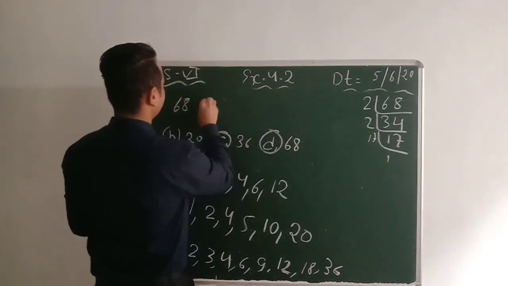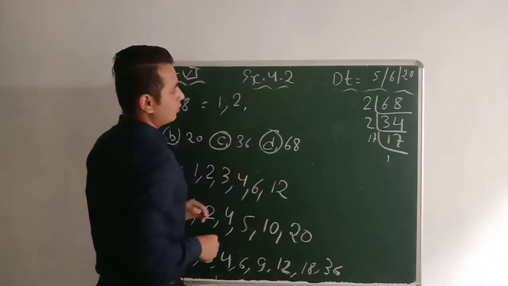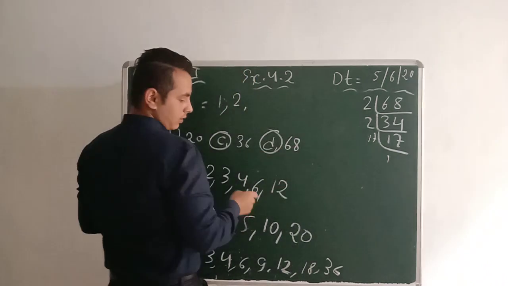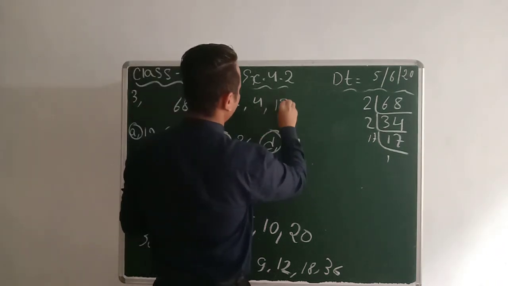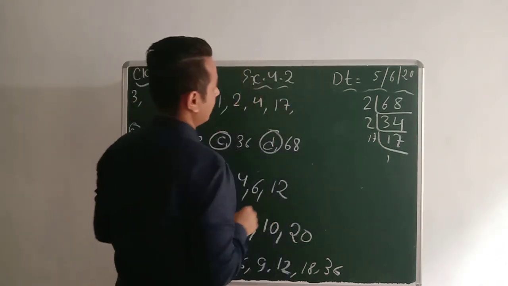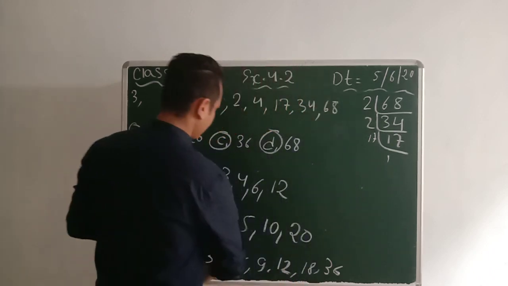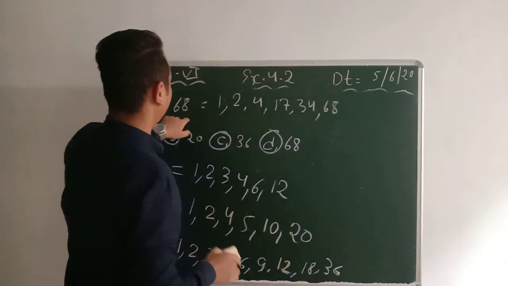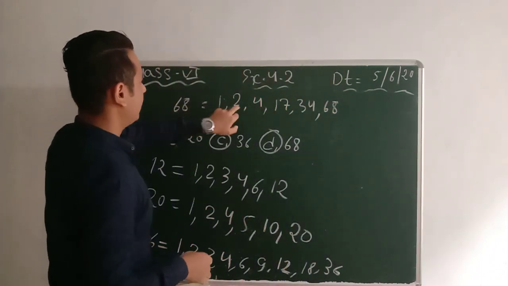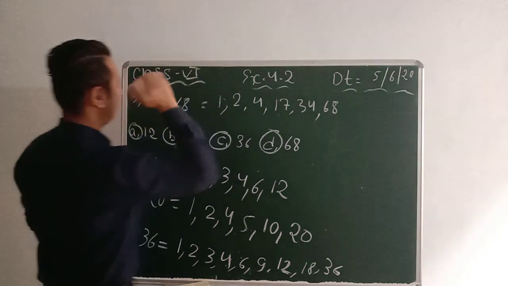So factors of 68 are 1, 2, then 4, 17, 34 and 68. Okay, that means 1 will also go to 68, 2 will also go to 68, 4 also, 17, 34 and 68 itself.